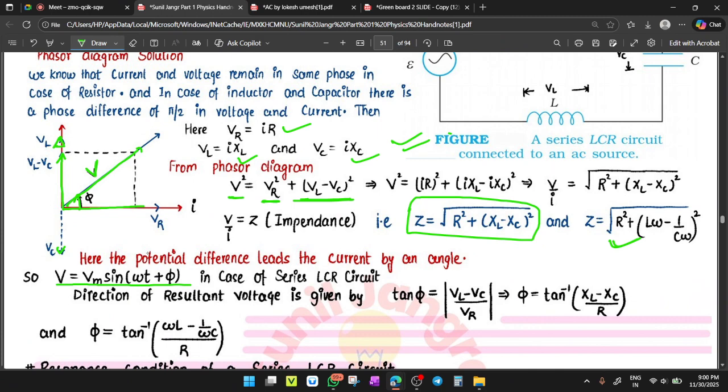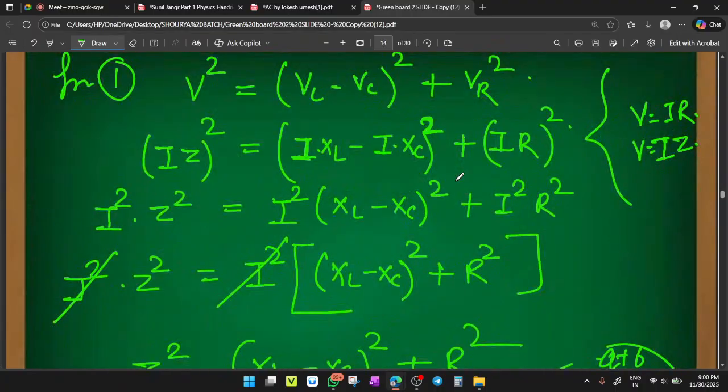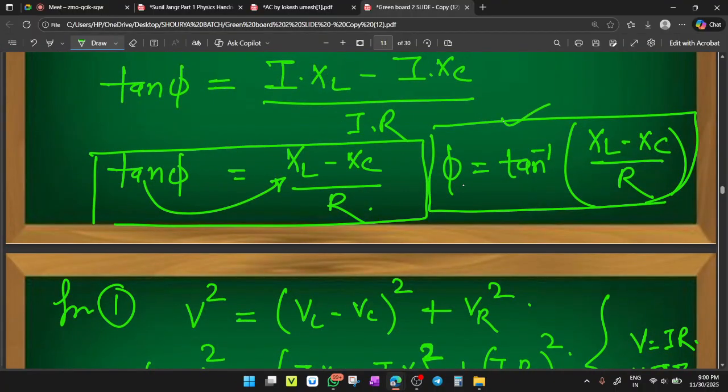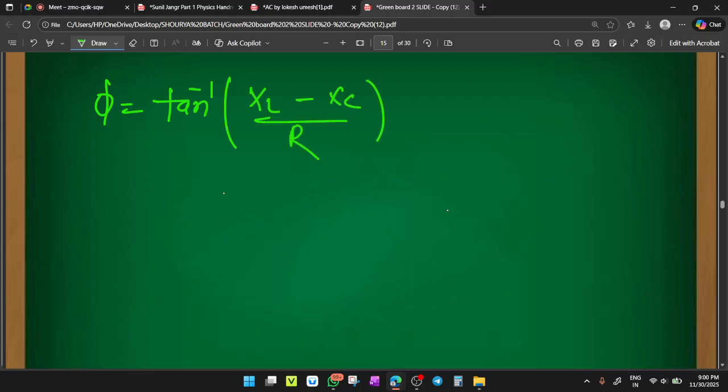Yes, so this is the value for the angle of phase. The angle of phase we have calculated: phi equals tan inverse of (X_L minus X_C) upon R. Yes, see, phi equals tan inverse (X_L minus X_C) upon R. Place the values of X_L and X_C.